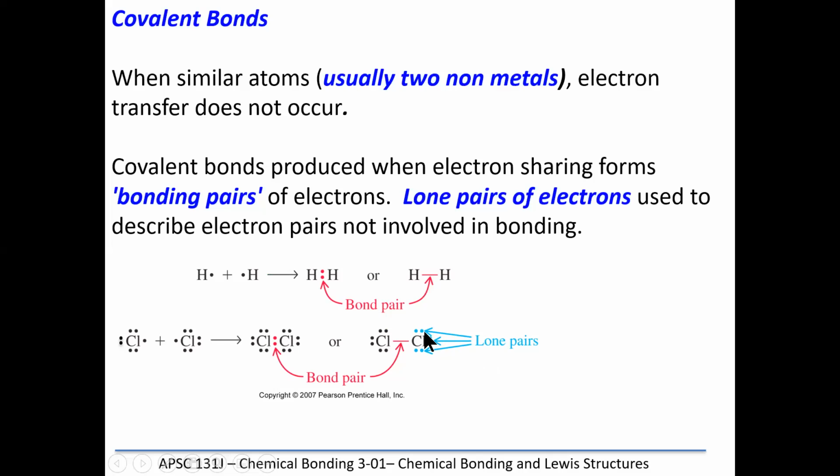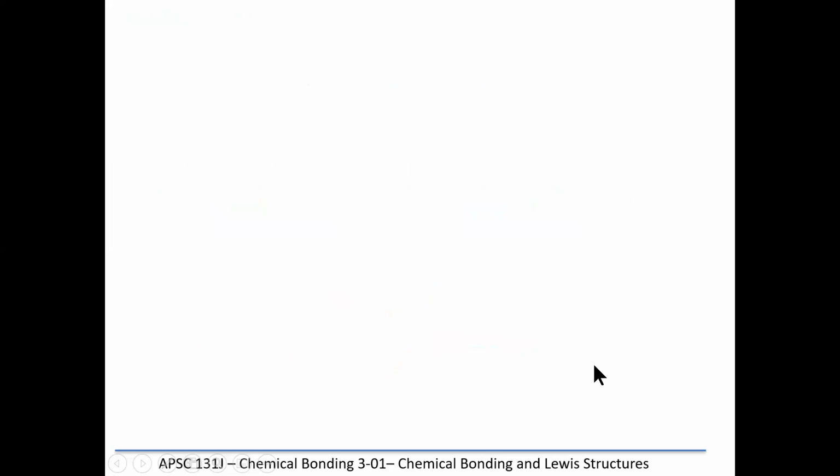So we can see that there's lone pairs of electrons as well. And there's a bonding electron pair, an electron pair that's being shared by each chlorine atom. So we do like to show lone pairs sometimes. We don't always show them. Sometimes we simply show it without those symbols.